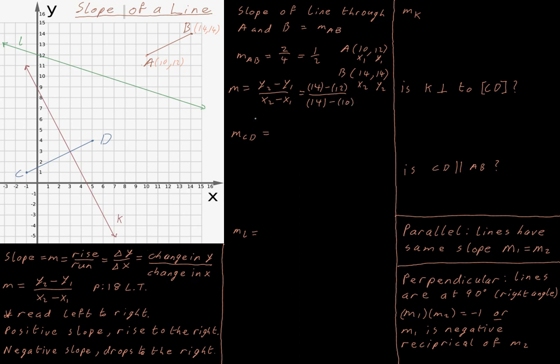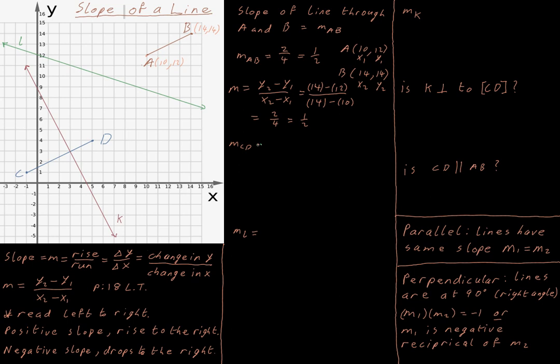And when I do that out, I get 2 all over 4, because this is effectively the same logic as what we did here. We found our change in y divided by our change in x. And when we simplify that, we get a half. So we can see that the formula gives us the same answer as we did when we worked out our rise over our run.